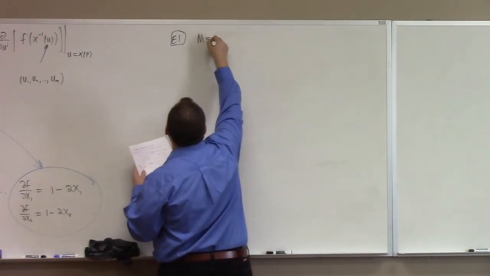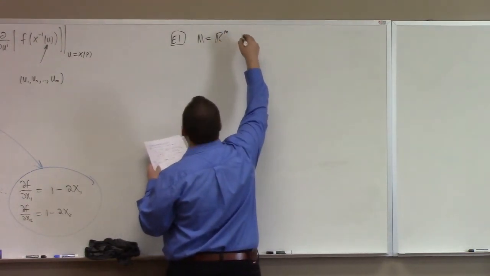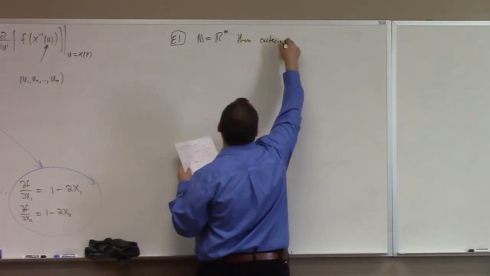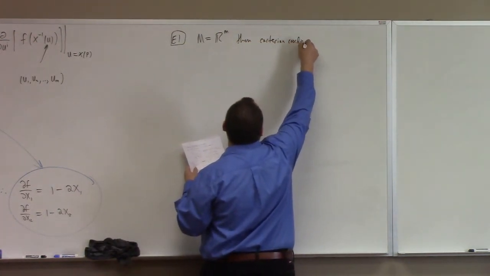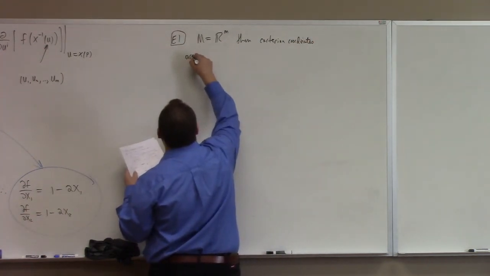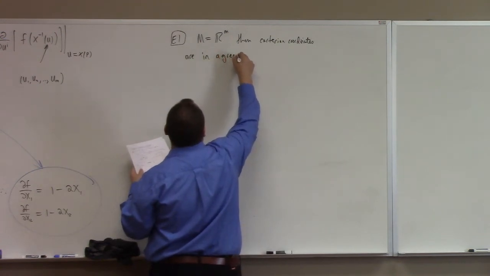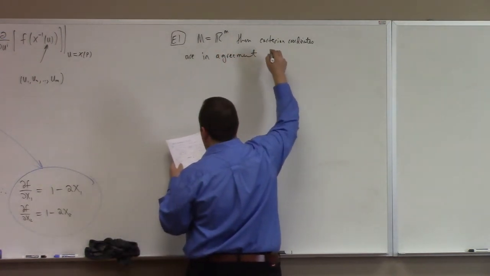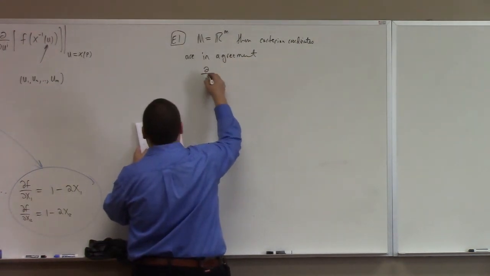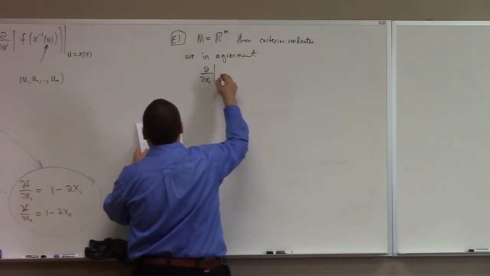If M is Rm, then Cartesian coordinates are in agreement. This is really dumb, but I'll write it down: partial xi at p.